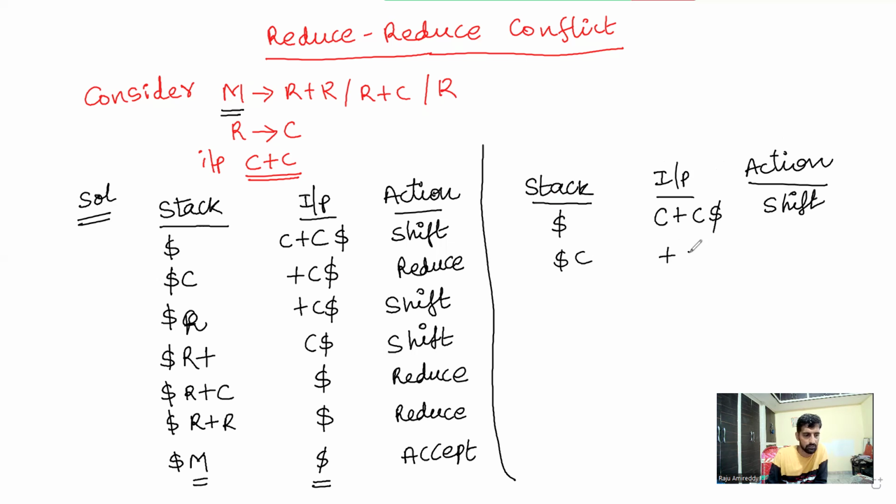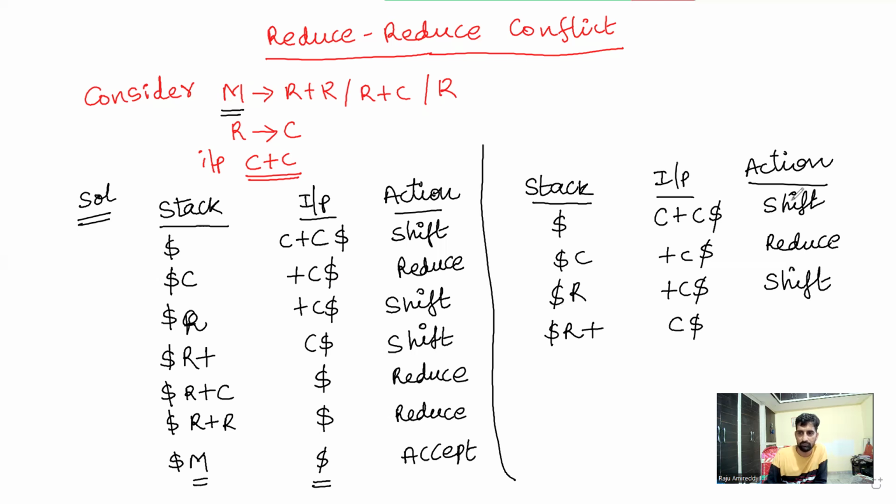Then plus C dollar. R. So the C will become R plus C dollar. It is called reduce. Dollar R plus C dollar. It is a shift move.